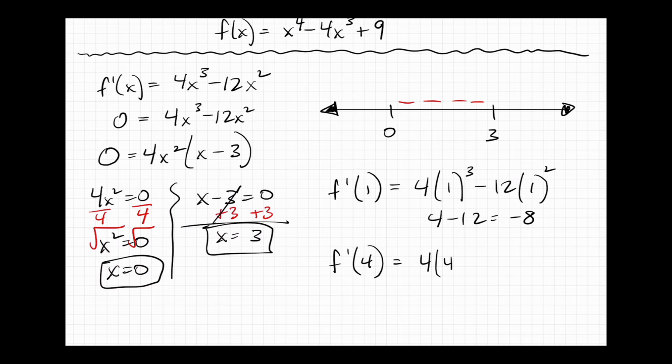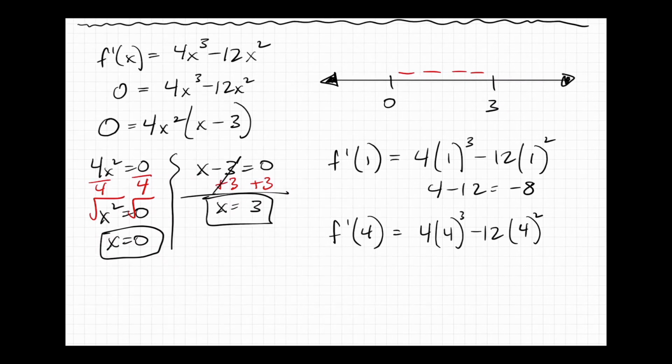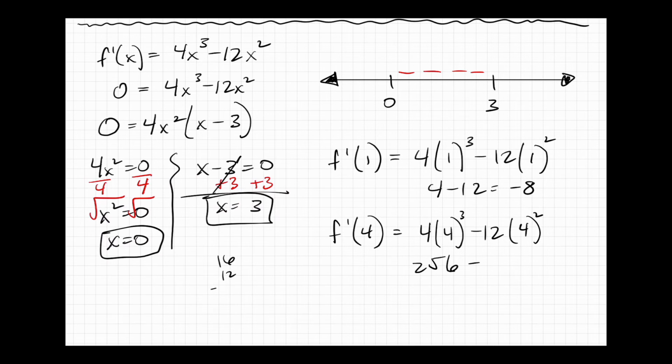So 4 cubed minus 12 times 4 squared. 4 cubed is 64, times 4 is 256, minus 12 times 16, which is 192.